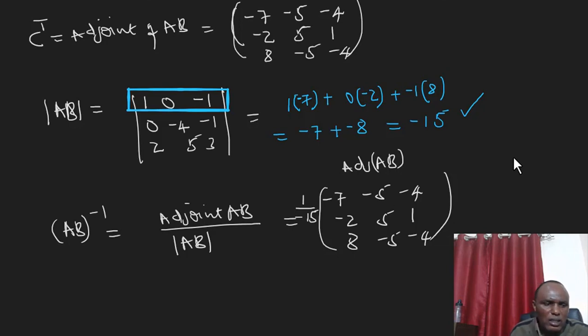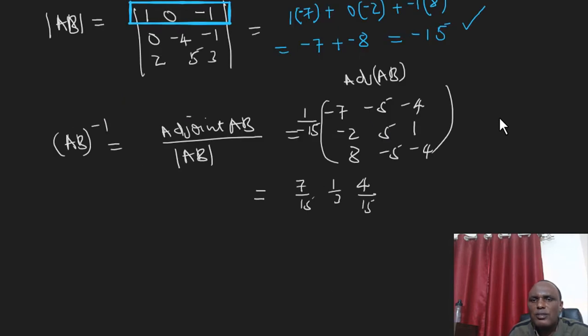The answer for the inverse now becomes: you can retain the answer like that, or you multiply out. You get 7 over 15. Then 1 over 15 times 5, you get negative 1 over 3. The next one is negative 1 over 15 times 4, that is positive 4 over 15.